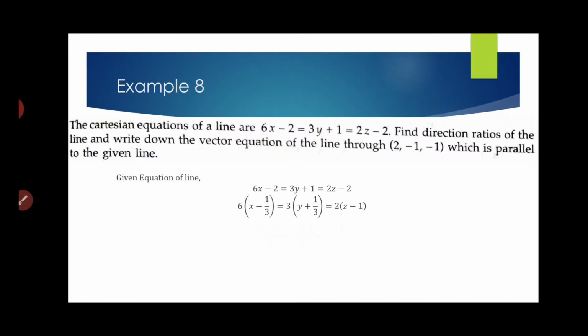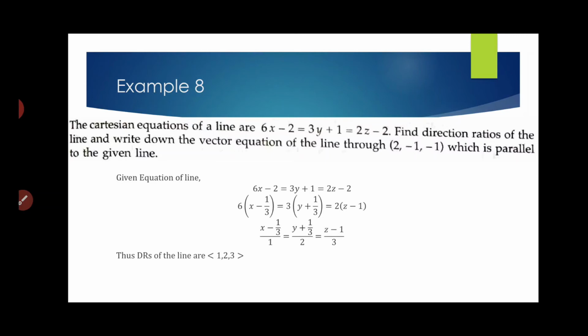So if I take 6 common out, it becomes x minus 1 by 3, 3 into y plus 1 by 3, and 2 into z minus 1. And so now I can divide the whole thing by 6. If I do so, then I get x minus 1 by 3 by 1, y plus 1 by 3 by 2, and z minus 1 by 3. So therefore, the direction ratios are 1, 2, and 3.